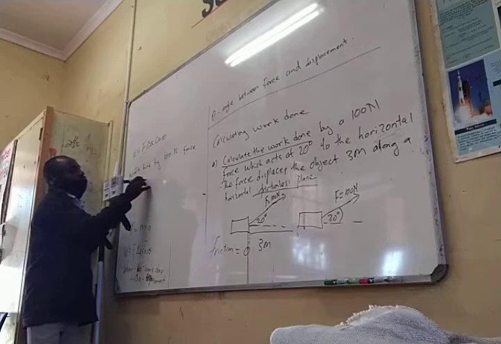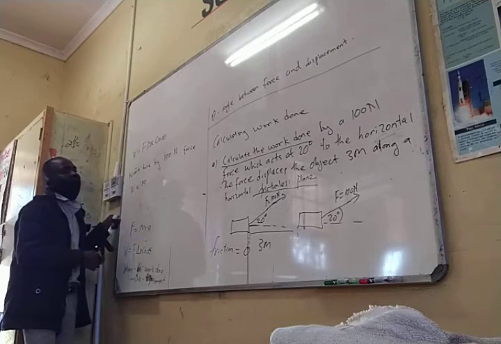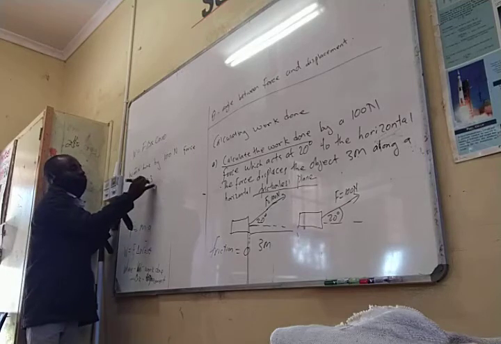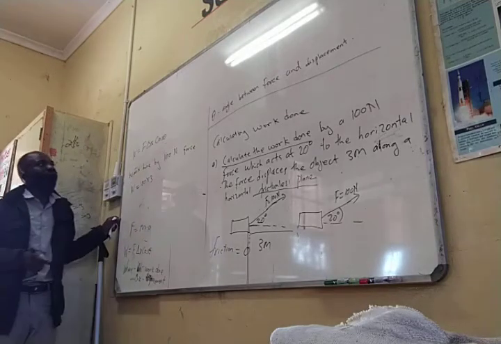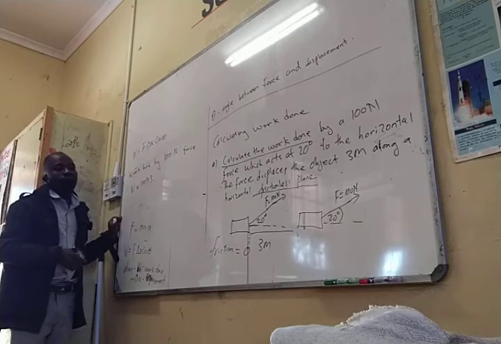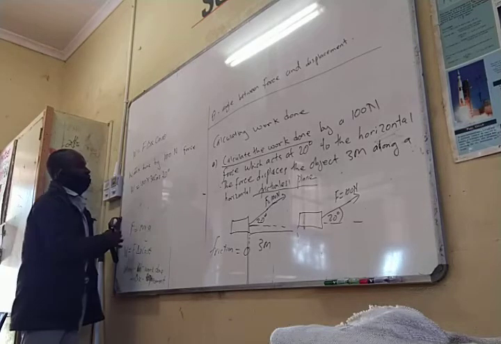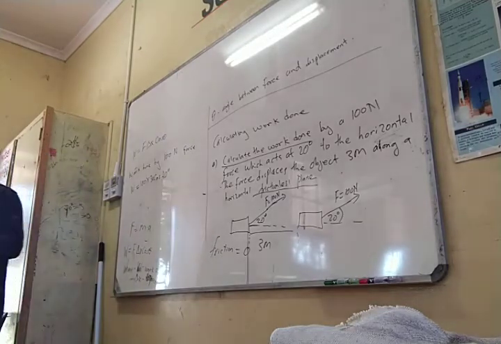So, now, in this case, how much is our force? 100 Newton. And then how much is delta x? So we are going to multiply by 3. How much is theta? Theta is 20 degrees. So press your calculator.